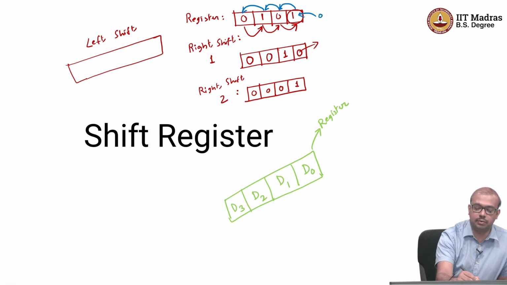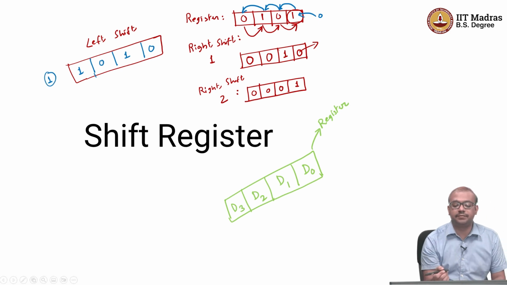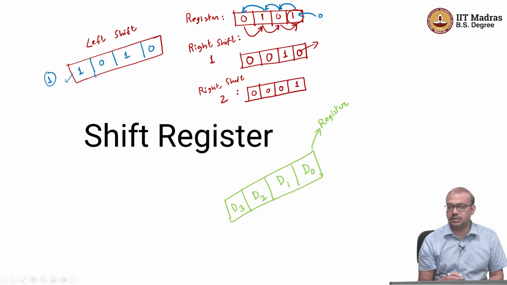So this will become 1 0 1 0. This is after one right shift, one left shift. If you do one more left shift, this 1 is going to go out and it will become 0 1 0 0 and so on.